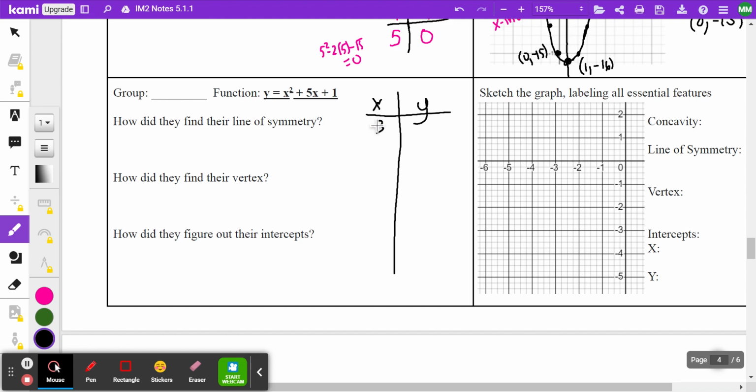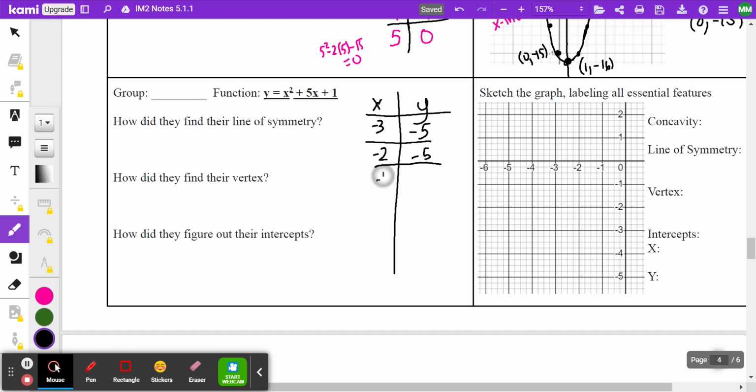That becomes 9 minus 15 plus 1, which is -5. Then I'll do -2. -2 is also at -5. Huh. Means the vertex is somewhere between those two.